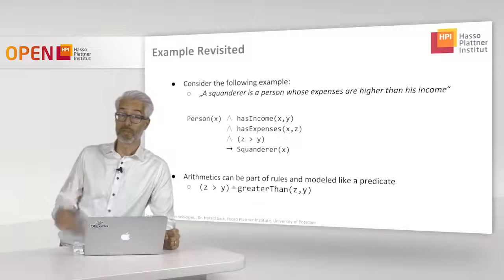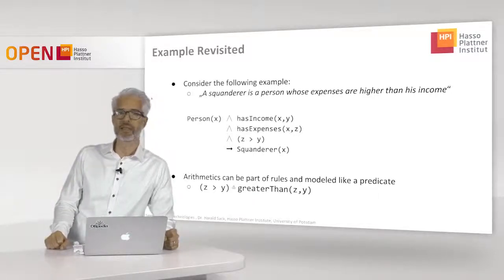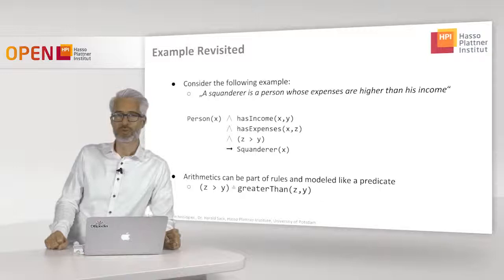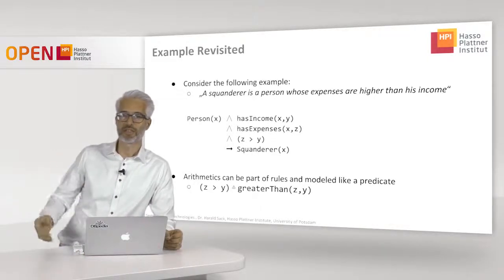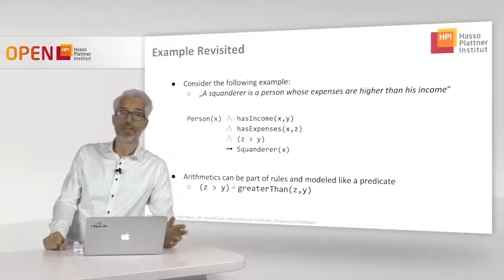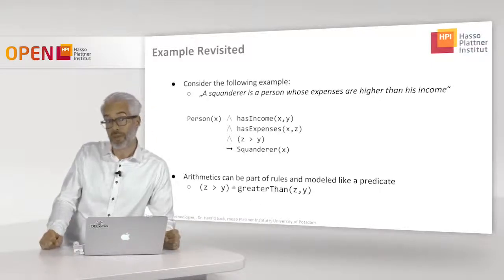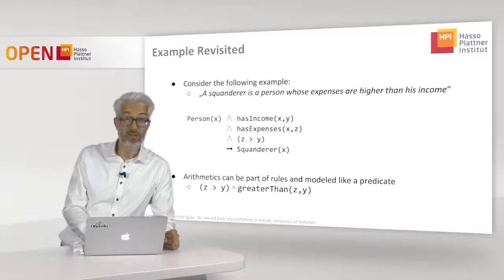You might say, okay, how do I get this arithmetic Z is greater than Y into my logical framework? You could define a predicate, for example, which says greater than, and the interpretation of that predicate would be equivalent to the arithmetic behind it. So then this problem would also be solved. So these are rules.